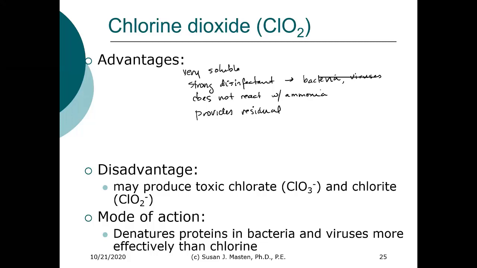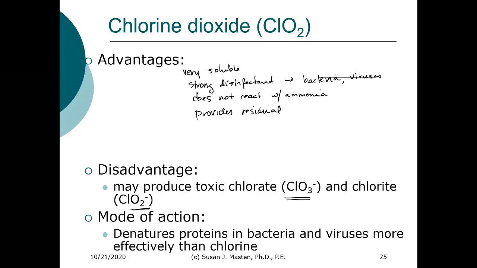The main disadvantage is you're conducting those reactions on site, and if you're not very careful in managing those reactions, you can produce chlorate and chlorite, which are toxic. So you don't want to produce either of those. It denatures proteins in bacteria and viruses more effectively than chlorine.